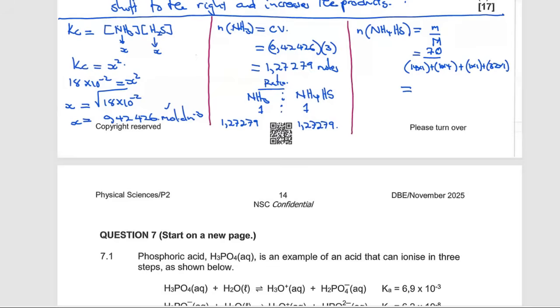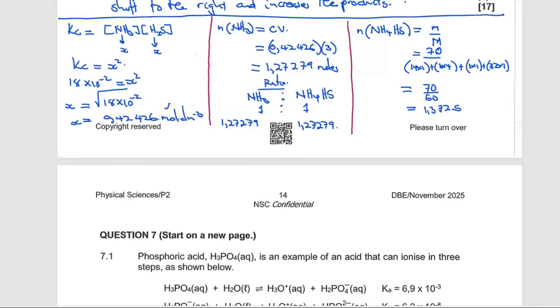So if we are to do our math there, we're going to get a value of what? More of like 70 all over 50. So if we are to divide there, we're going to get a value of 1.3727.